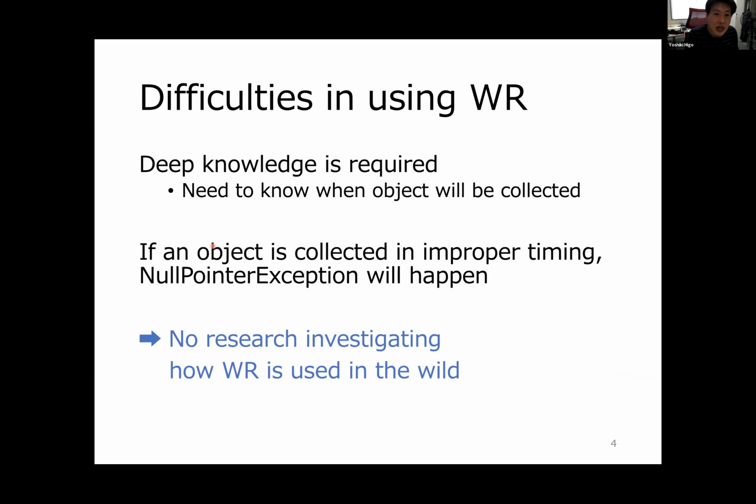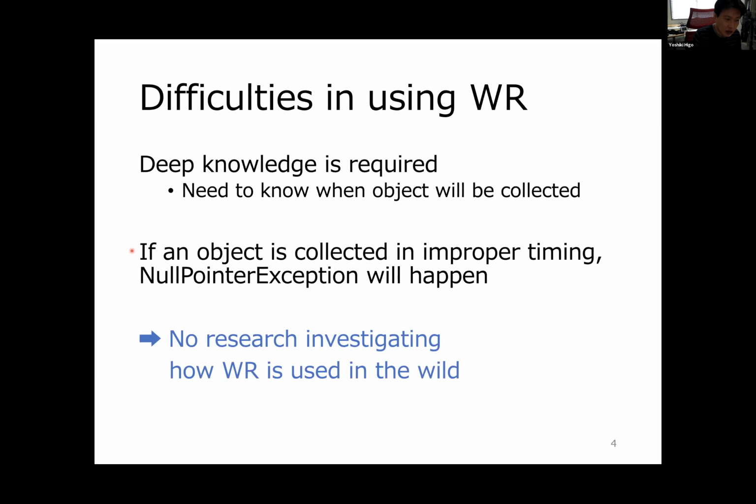But it is difficult to use weak reference because it requires deep knowledge. Developers need to know when an object will be collected by garbage collection. If an object is collected at an improper timing, a null pointer exception will happen.